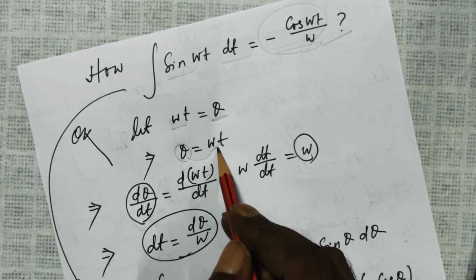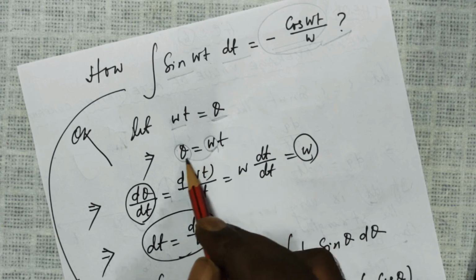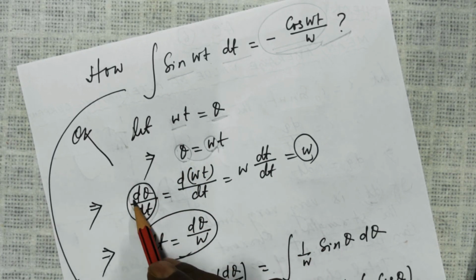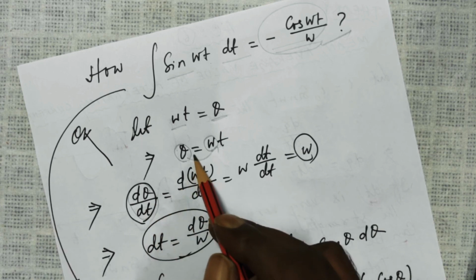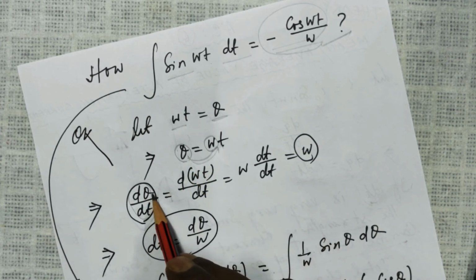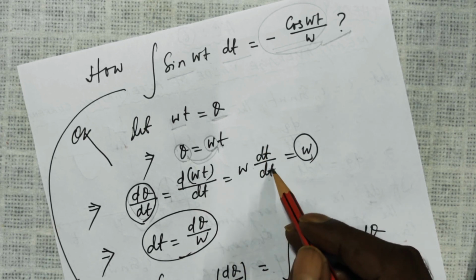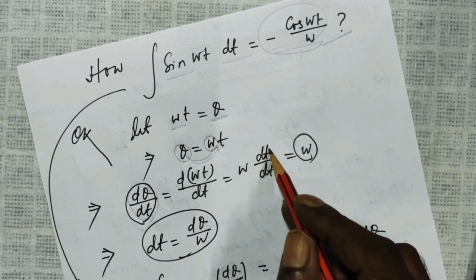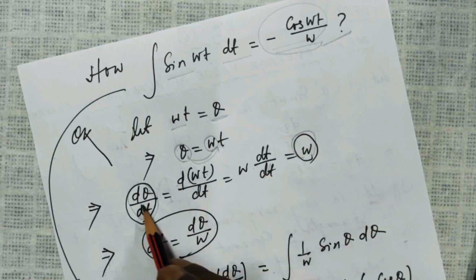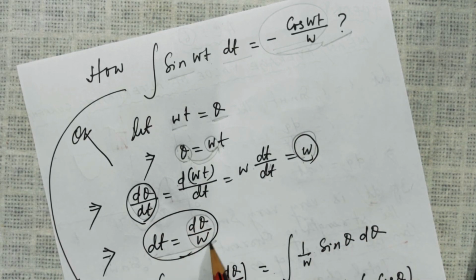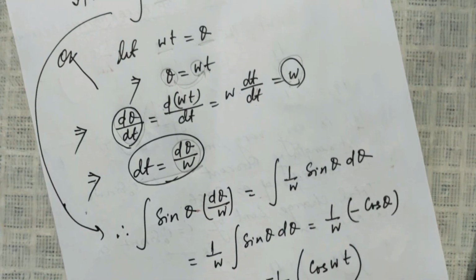Theta depends on t because omega is constant, so I can differentiate. Therefore d theta over dt, differentiation of theta with respect to t, is omega, a constant taken out, times dt over dt, which is 1, so I am left with omega. Now I cross multiply these two to get dt is equal to d theta over omega.